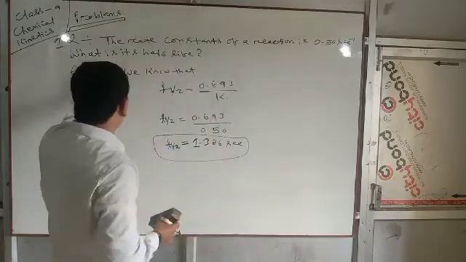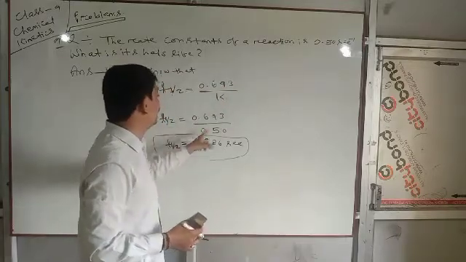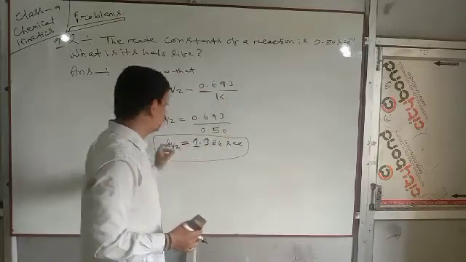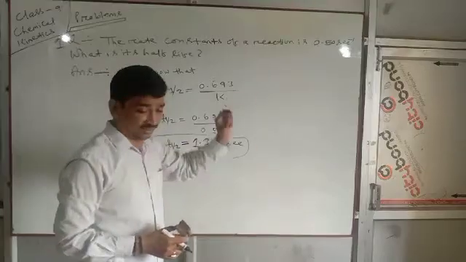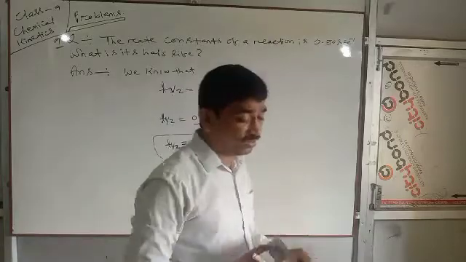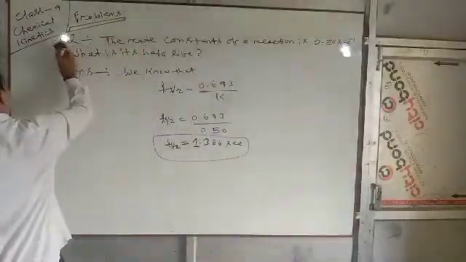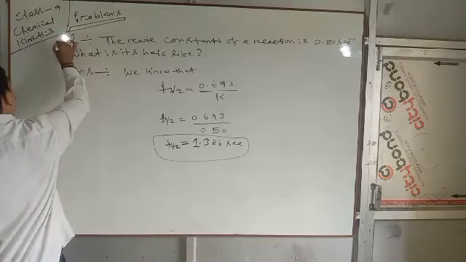What is its half life? We know that t half equal to 0.693 by k1, with the value 0.50. So t half equal to 1.386 second. This is the first question. Now the second question, question number 2.